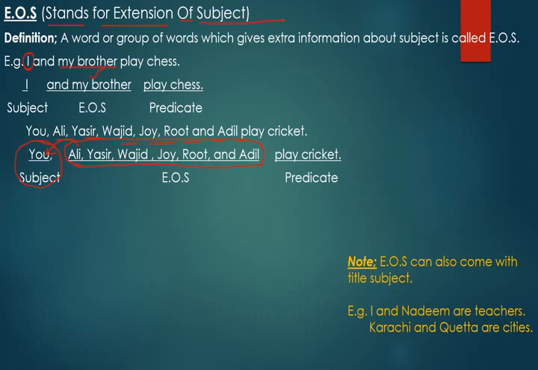For example, I say, I am a teacher, one subject. A question arises, who else is a teacher? I say, I and Nadeem are teachers. I is your subject, Nadeem is your EOS. And if I say Karachi is a city, and then Karachi and Quetta are cities, Karachi is your subject and Quetta is your EOS. So EOS can come with your title subject as well as with your doer of an action subject.